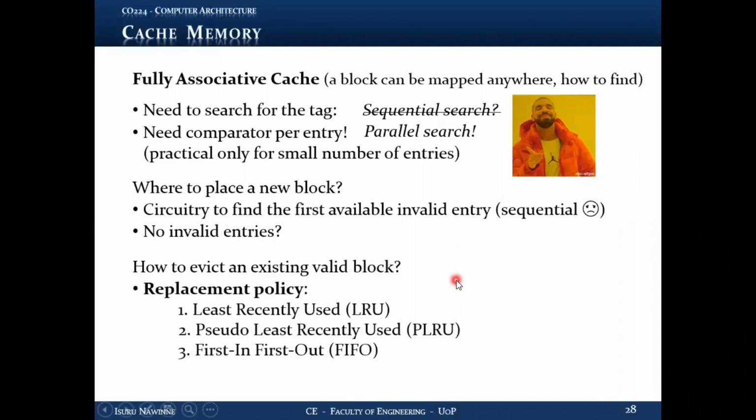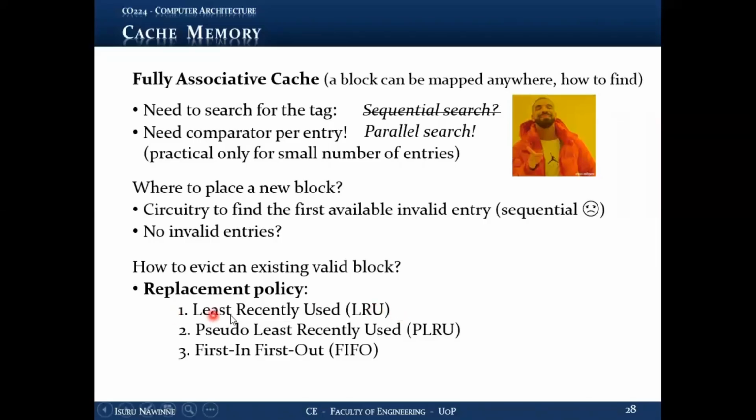That is where this concept of replacement policy comes into the picture. Ideally, if we want to exploit the temporal locality principle 100%, then we have to have a policy like the least recently used block is the one that should be replaced. Our cache is full and we have to know which one was least recently used.